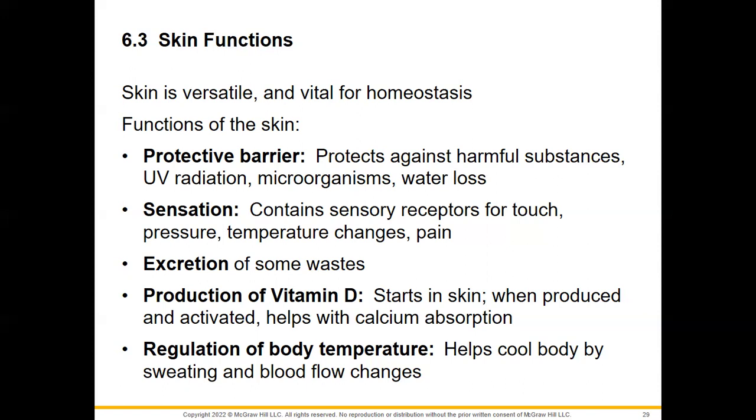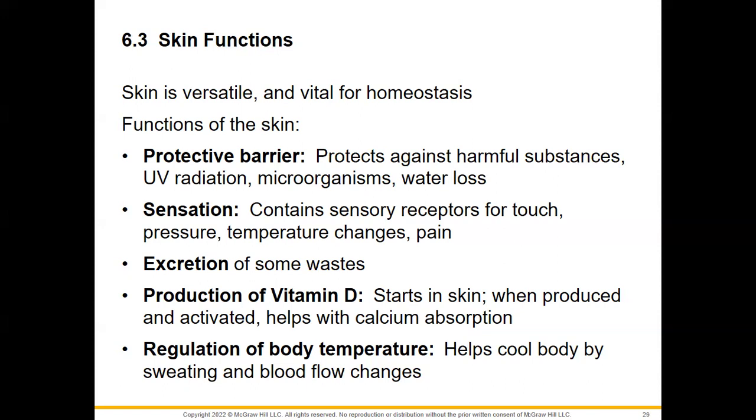It provides sensations by being the location of your sensory receptors. We already talked about your light touch and deep touch sensory receptors, one more superficial, one a little bit deeper, both a part of the skin. You have sensory receptors for pressure, for temperature changes, and neurons that tell you that you are in pain.